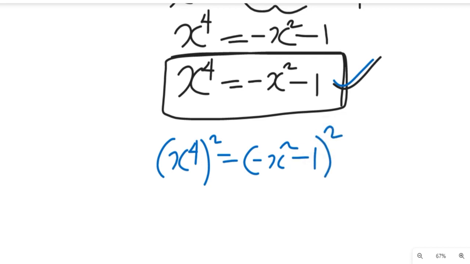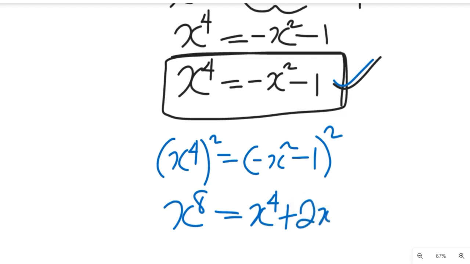So this will give us x to the power of 8 equal to, now let's expand this. If we expand that value, we're going to have x to the power of 4 plus 2x squared, and this will give us plus 1.